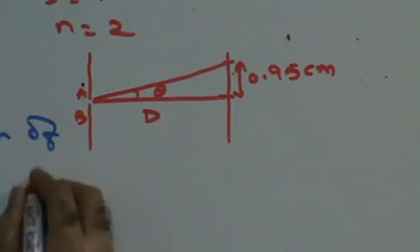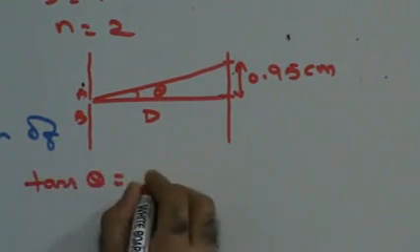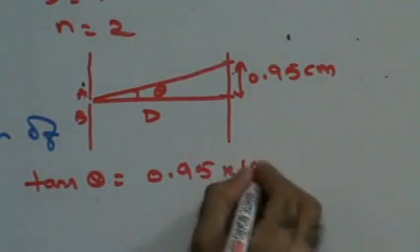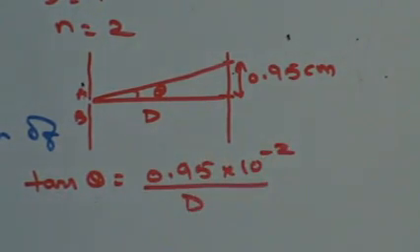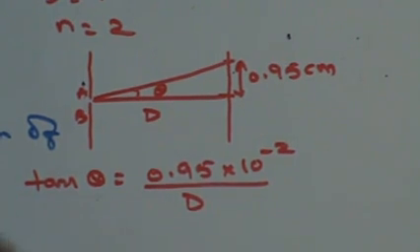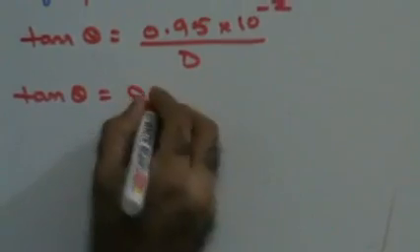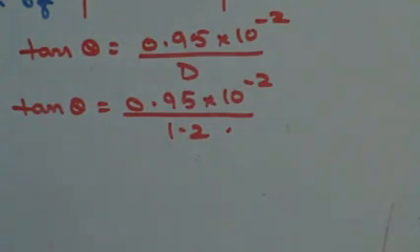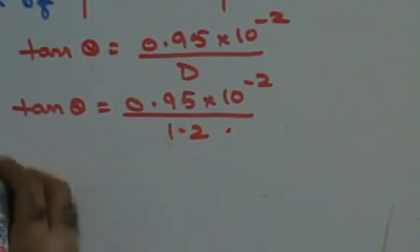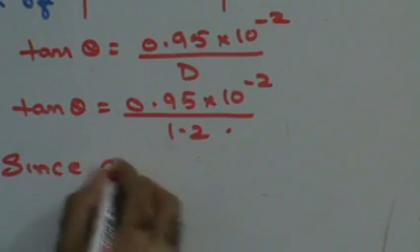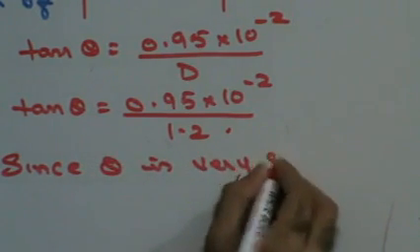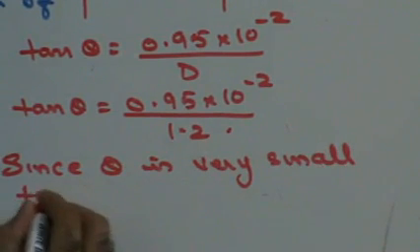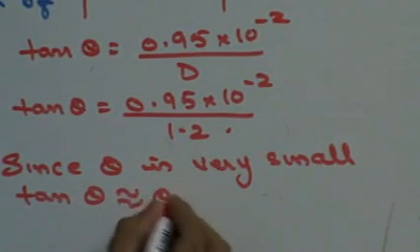I can easily find the angular diffraction here by using the formula tan theta. Tan theta is 0.95 into 10 raised to minus 2 upon D, converting centimeters to meters. D is going to be 1.2 meters. They have directly given it to you, right? So when you solve this, now since theta is very small, I can say tan theta is approximately equal to theta.